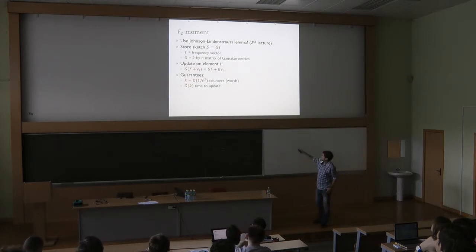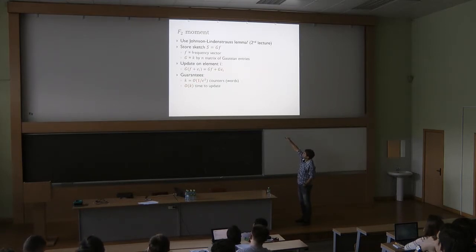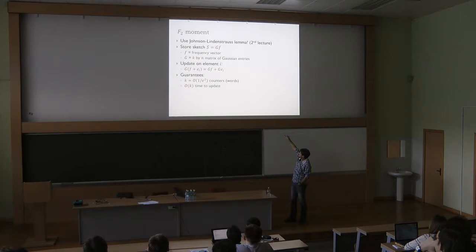Just for the heck of it, what does the update on element i look like? The sketch we have is G of f, and because of linearity, obtaining the new sketch is just the old sketch plus this thing.